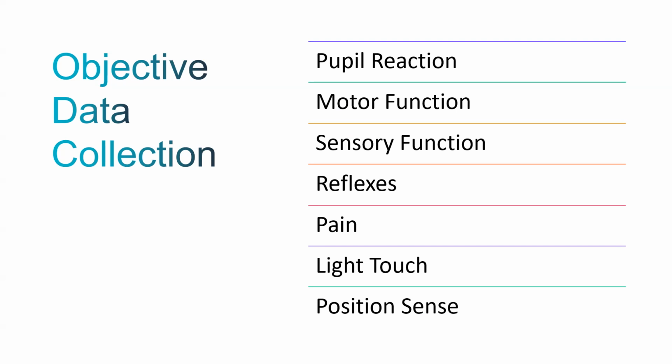Can they feel light touch? The position sense, which is the ability to perceive passive movement. Stereognosis, which is the ability to recognize objects placed in a patient's hands.